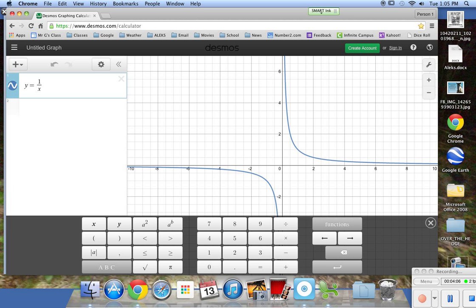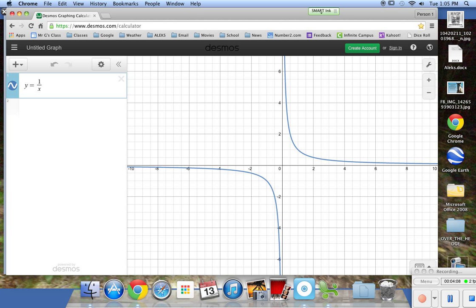I want you to take a look what happens with this one here. We never can equal 0 with this, right? Because if we had a 0 here, then this would be an undefined number. But it gets close, and it goes back up. All right? This is another one. We don't work with this one too often. In my experience, you're not going to see this too often.